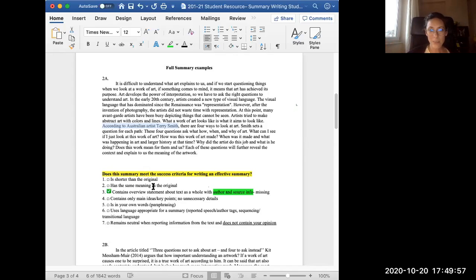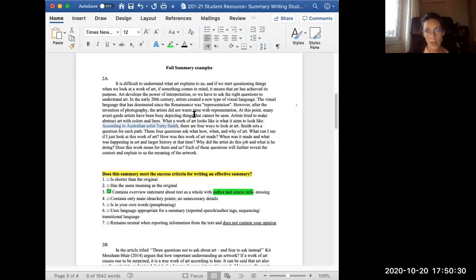Number 2 has the same meaning as the original. Kind of. We can clearly see there are ideas from the original text. However, due to the lack of reported speech, the citation, author tags, and not distinguishing between main ideas and specific details, it is difficult to say whether it has the same meaning as the original or not.